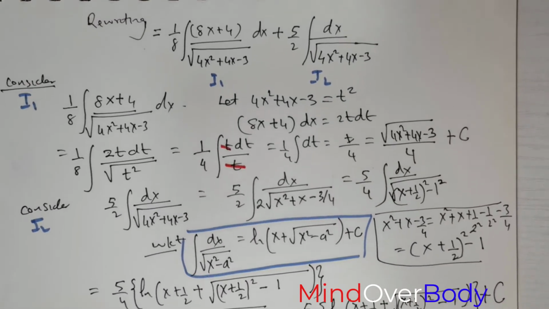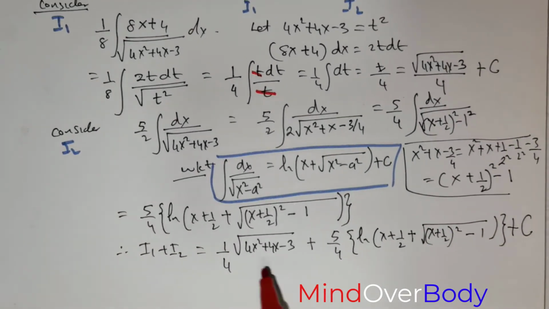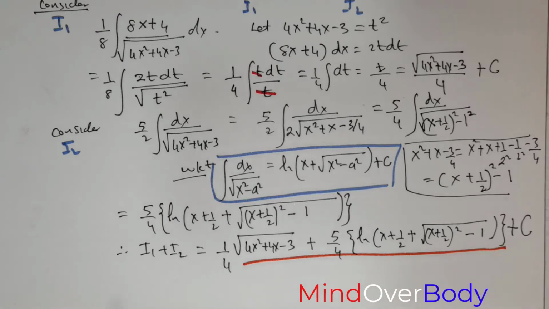So this is a beautiful question which we have just completed, and it is a good place for us to draw the red line. So we move on to the next question, students.